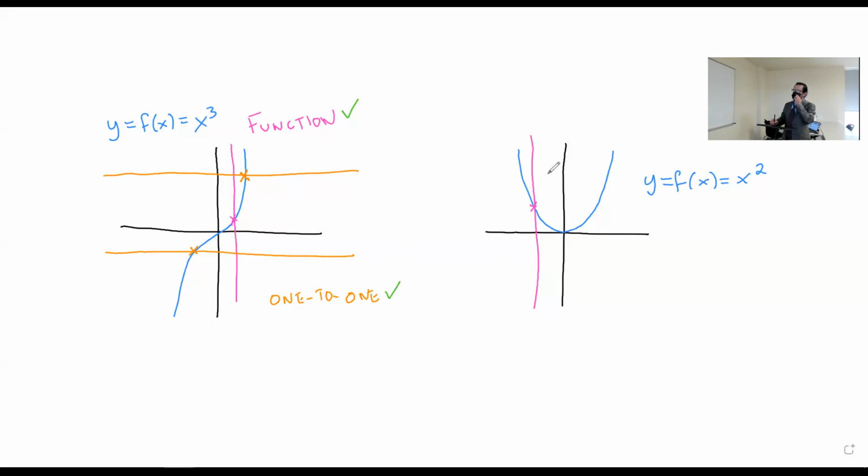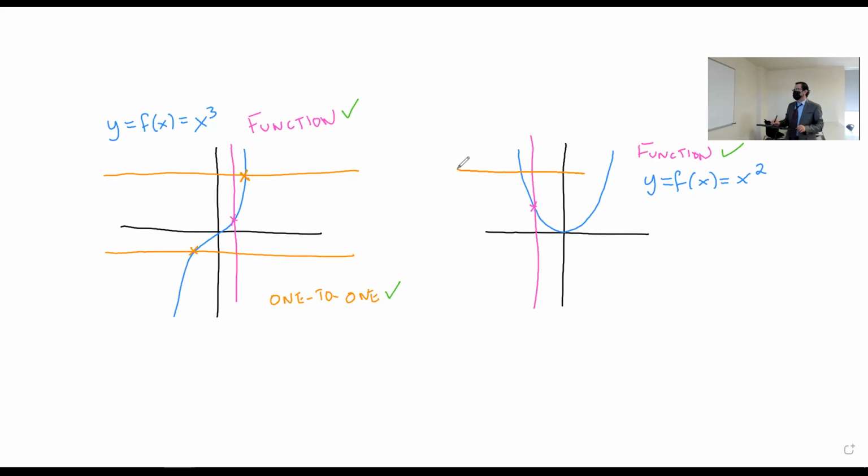Now, if we look at the other one, y equals f of x squared, is it a function? Yes, we've already established it is. Now let's look at the horizontal line test.